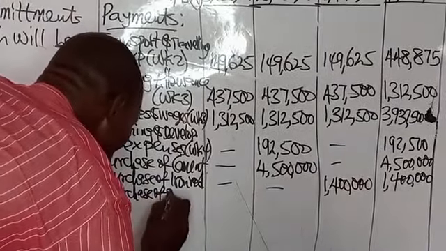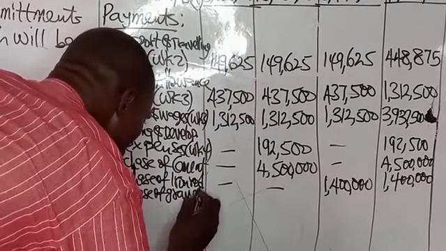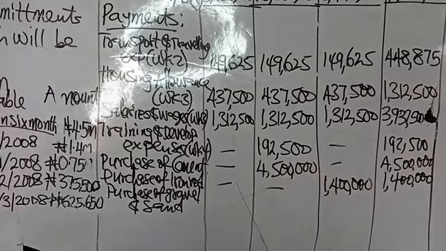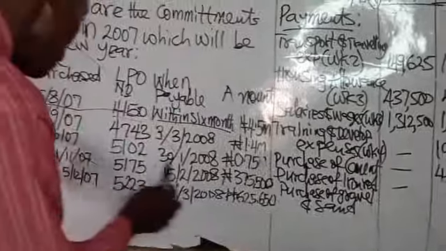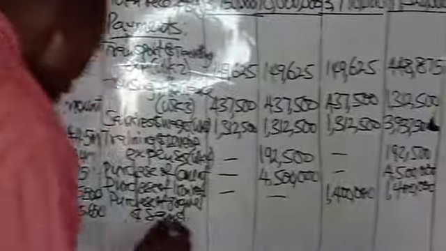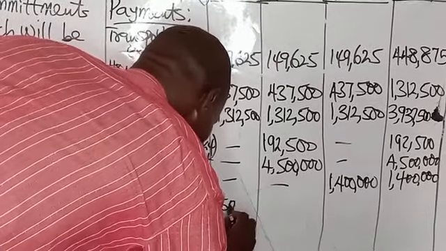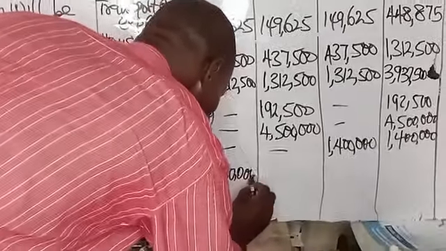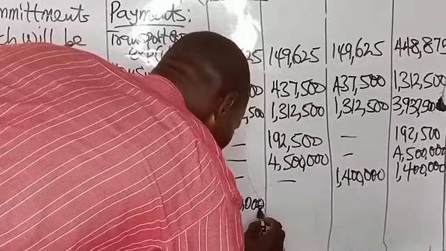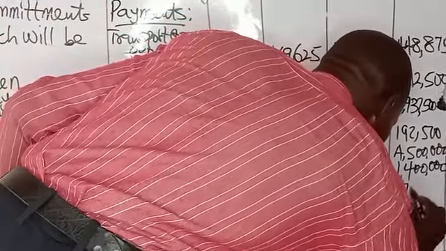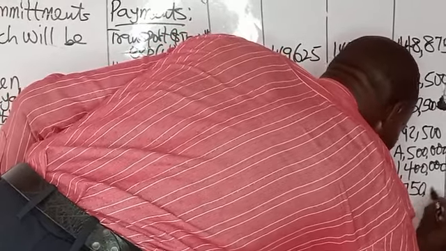You were told it will be paid for in January 2008, 750,000, which is 0.75 million.